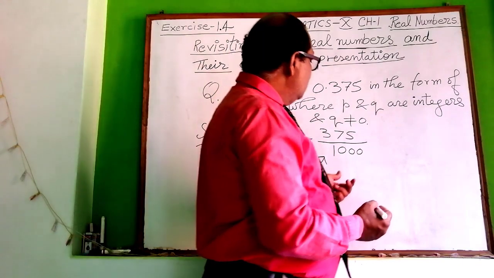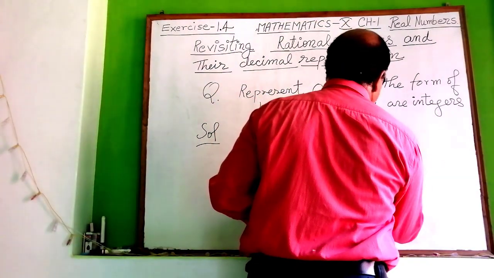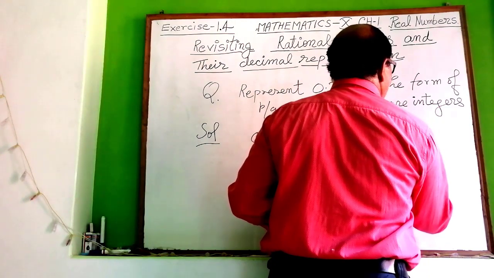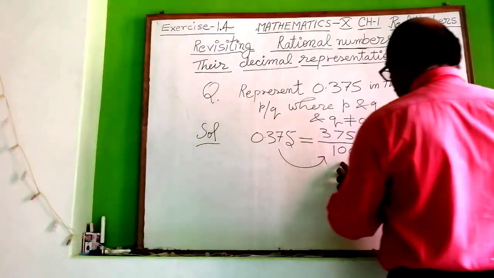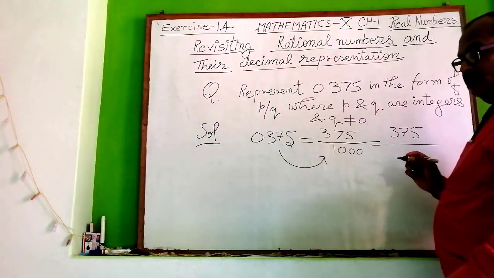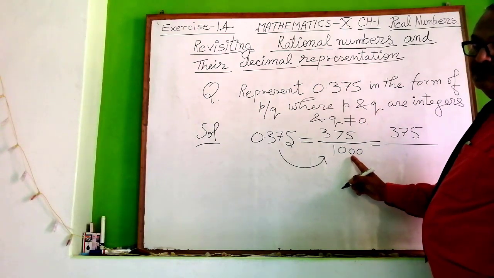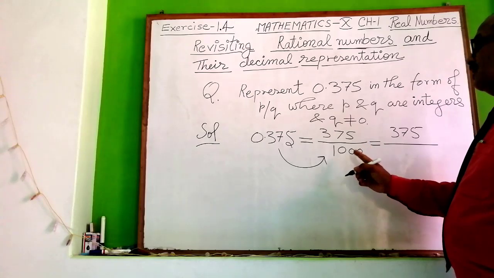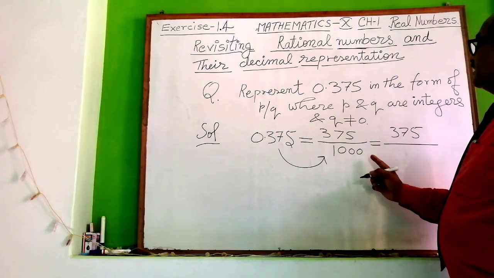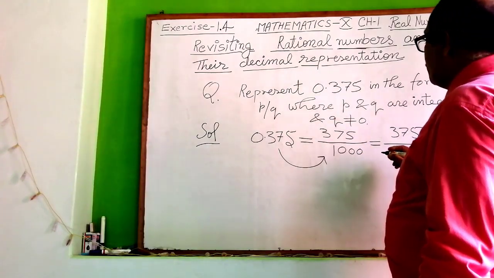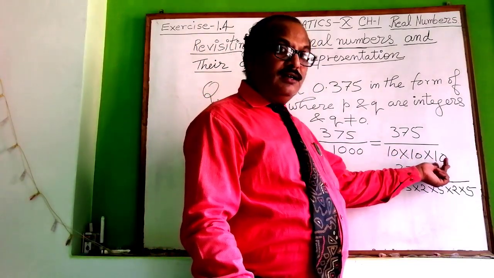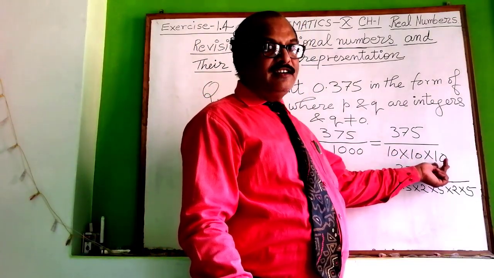Sometimes it is needed to write in this form 375, and you can convert it in the form of its prime factorization. So see how to do its prime factorization. 1000 can be written as 10 into 10 into 10. Now easy to find prime factorization.